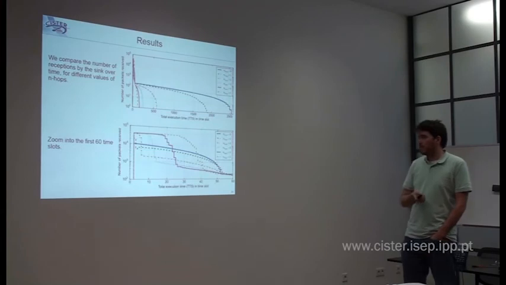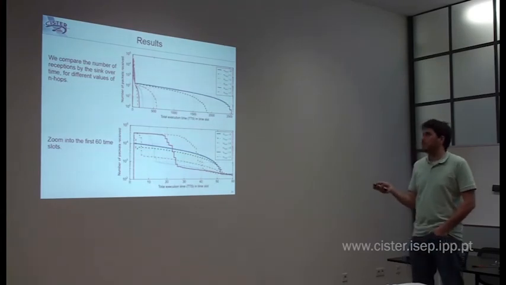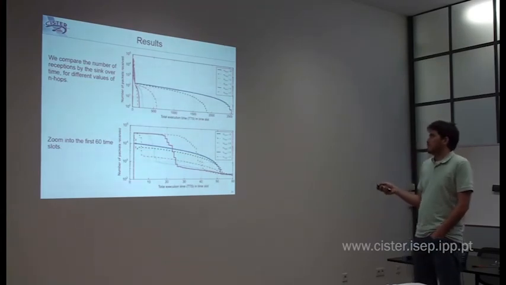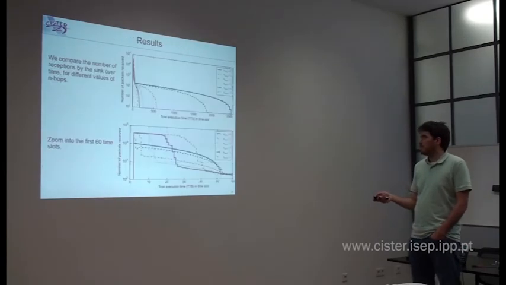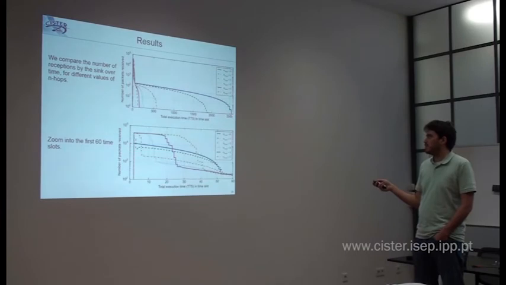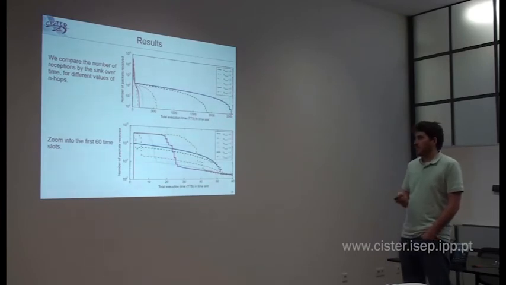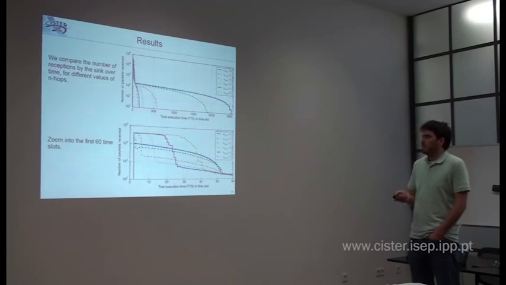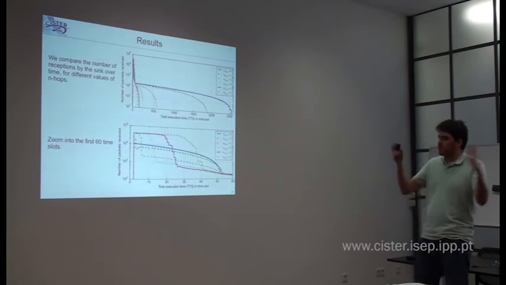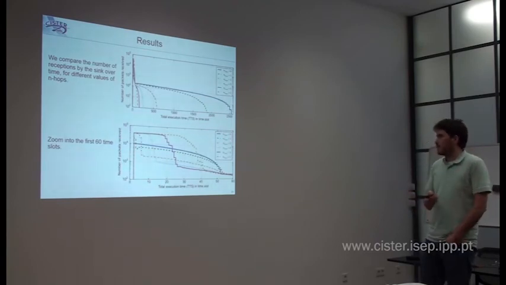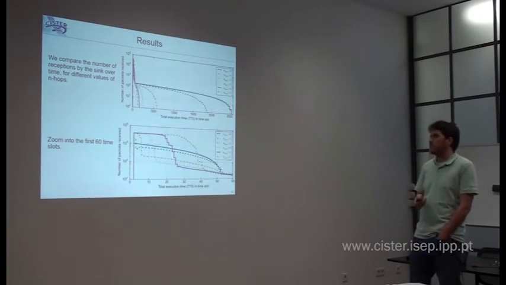So these are the results in terms of time. If we sample each sensor node, we would have to wait 2,500 time slots, which can be reduced down to 500 if you increase the aggregation neighborhood.